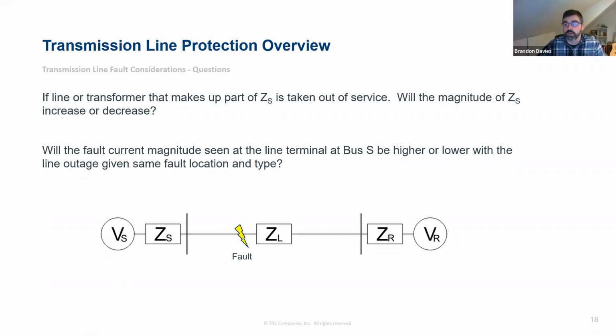So we open it, we isolate it on both ends. It's no longer a path for load current or fault current to flow. What's going to happen to the ZS? And this is kind of an important concept when you start talking about system outages and other considerations. Anyone want to venture a guess on this? If not, I can give you the answer on this one.